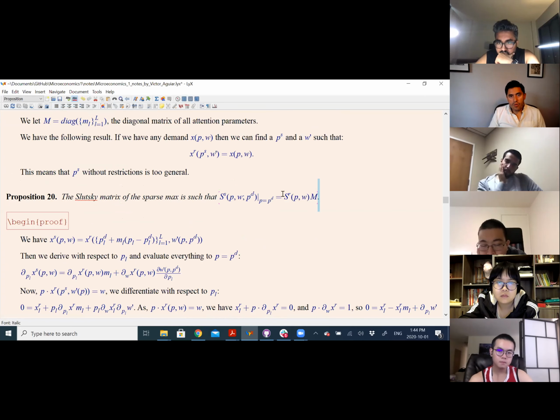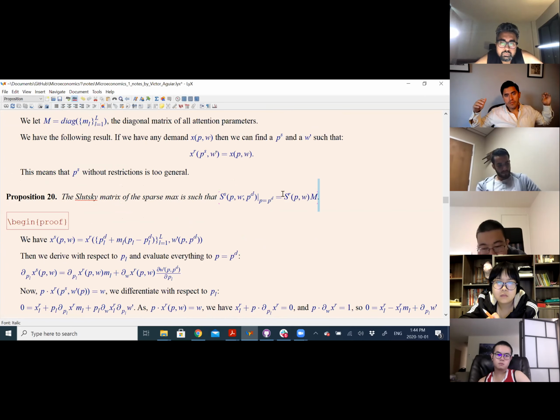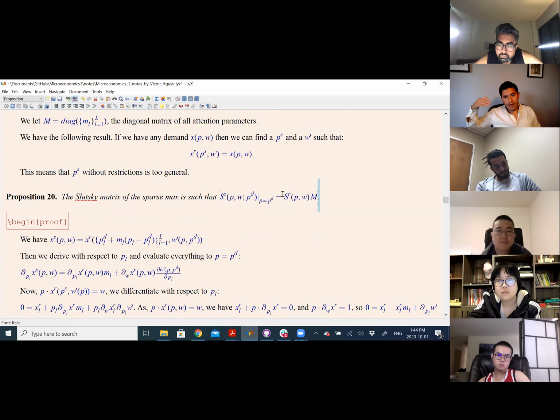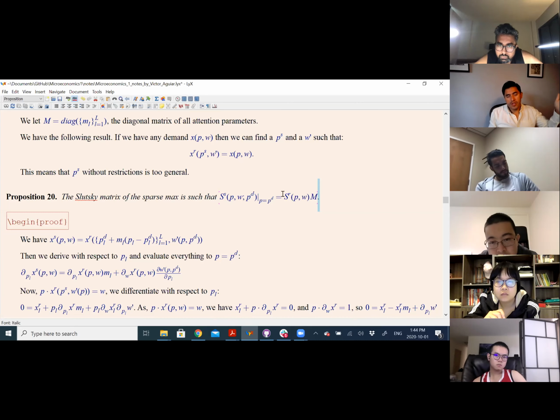So again, why do we care? It turns out that when you model demand, you actually have asymmetric demands, okay? Asymmetric Slutsky matrices. So you see this in data a lot. So this model potentially can, of course, explain data better. That means potentially there is a gap between having the potential to explain the data better and actually doing it, right?